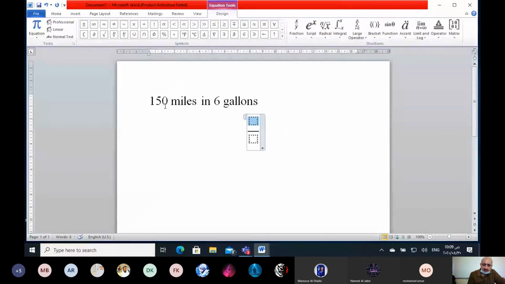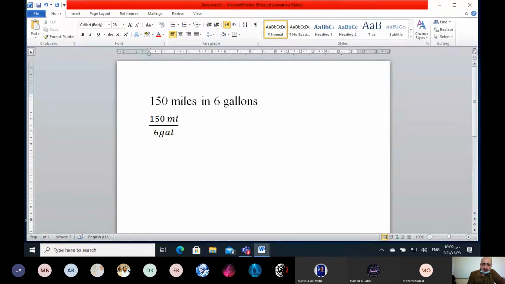The first step: write here 150 miles, then down you can write 6 gallons. This is the rate. How to change to the unit rate?